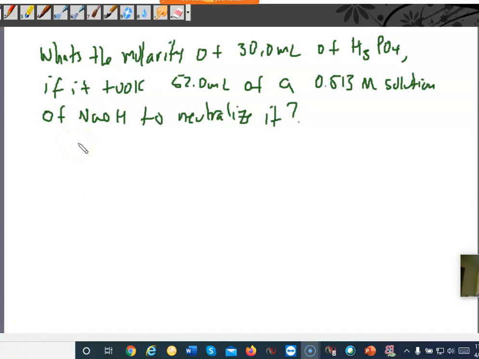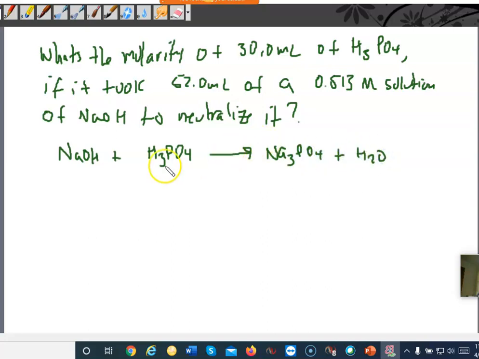Okay, so the first thing you need to do is write a balanced equation. So take your sodium hydroxide. I mean, you don't necessarily have to all the time. It does help, but by looking at this, notice I have 3 H's for every mole here, right? So how many sodium hydroxides is it going to take to neutralize all of the phosphoric acid? For every mole of H3PO4, I've got 3 H pluses.